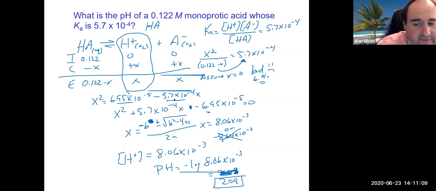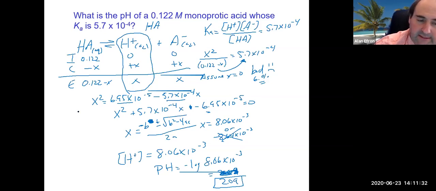How do you check if X is good or bad? Is that what you're asking? So if you're checking the X value is good or bad, for example, in this one, if we assumed X is equal to 0, we would take 0.122, times it by 5.7 to the minus 4, and take the square root of it.